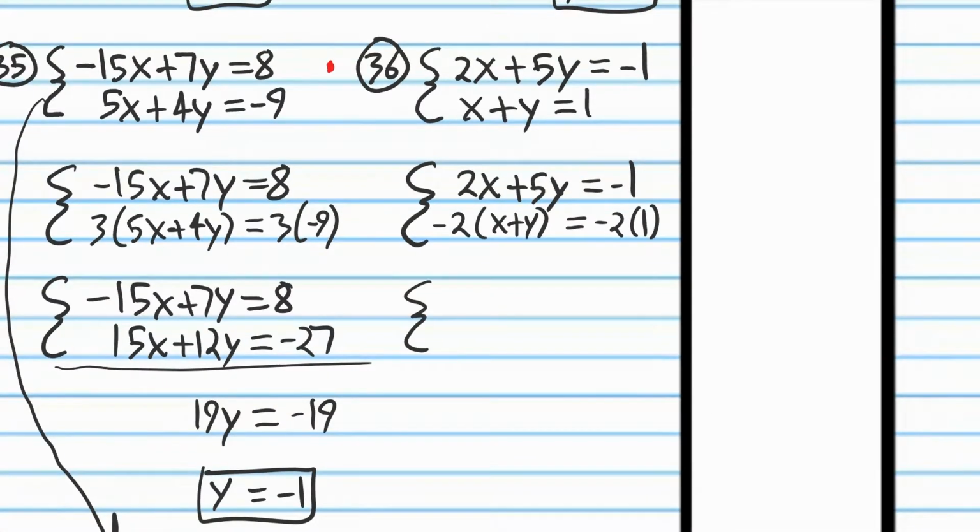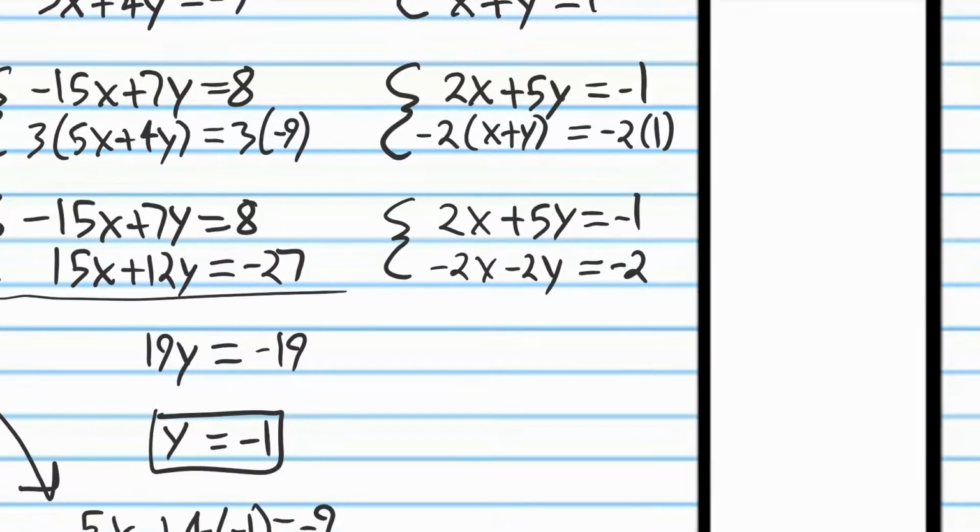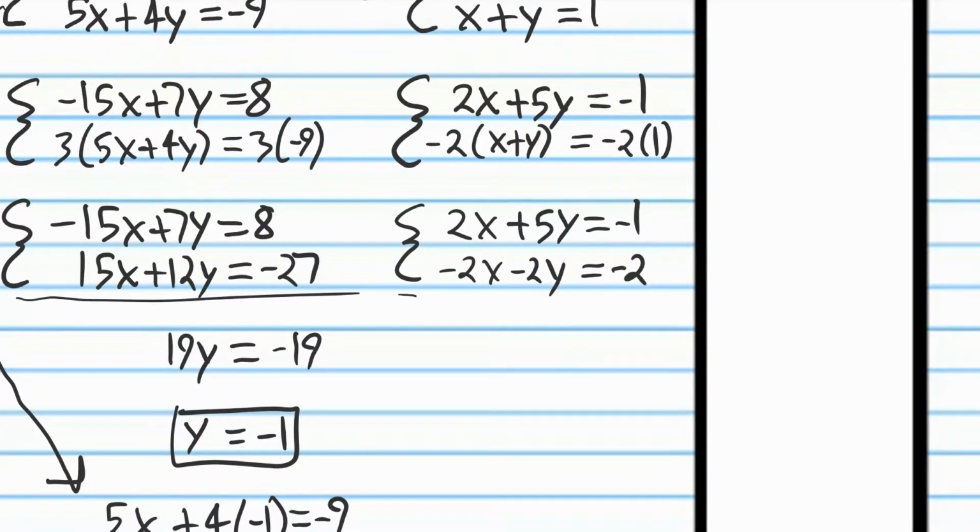So just rewrite the top equation and use the distributive property on the bottom equation. And add the equations together because now we have coefficients that are the same but opposite. And we get 3y is equal to negative 3 and y is equal to negative 1.